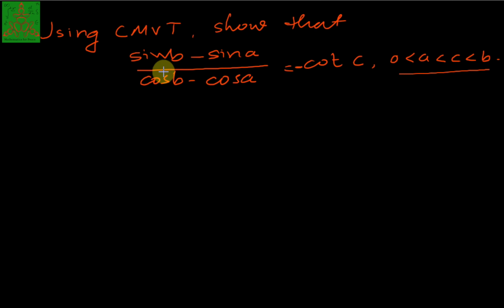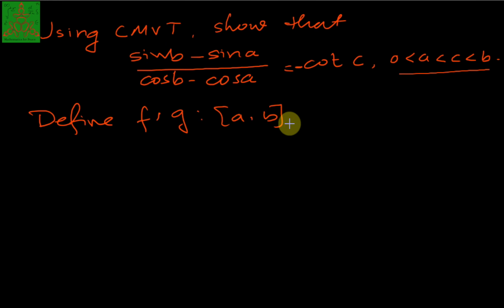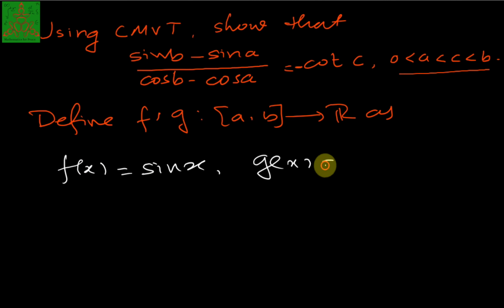So obviously one should note that we have to define the functions f and g from a b to R as f of x equal to sin x and g of x equal to cos x for all x in between a and b.